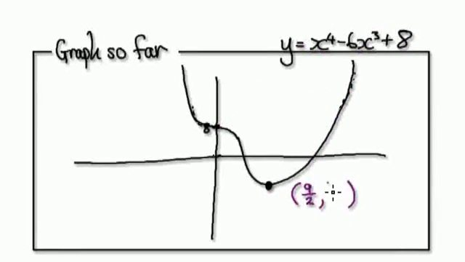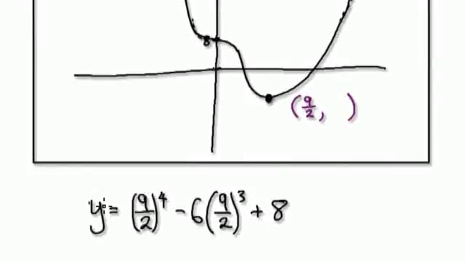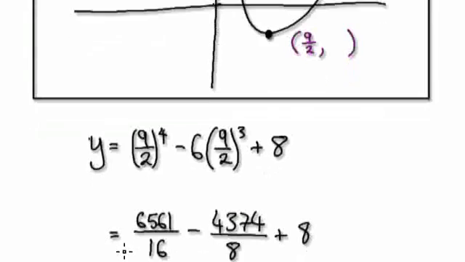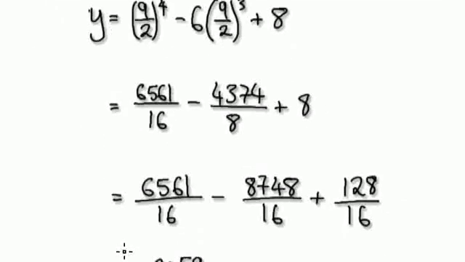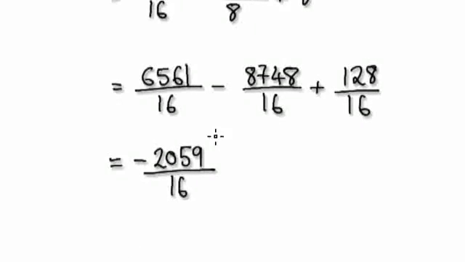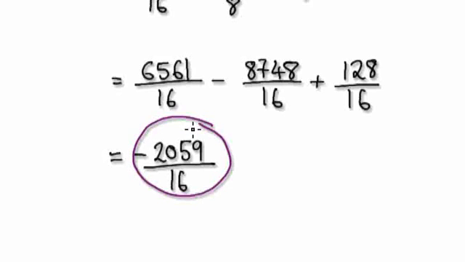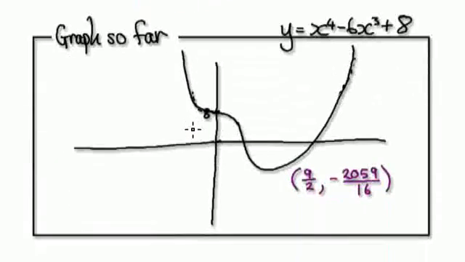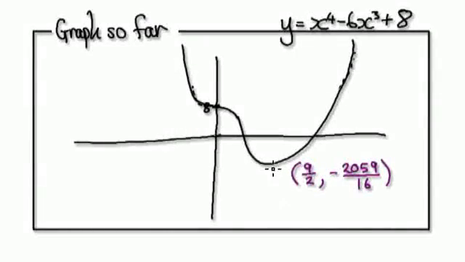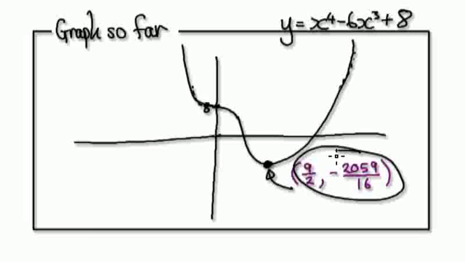So the y coordinate here will be given by doing this, and then this will be your y coordinate. So far we've got a turning point here, and the coordinates here will be given by this.